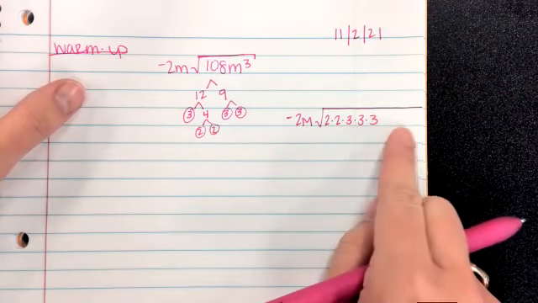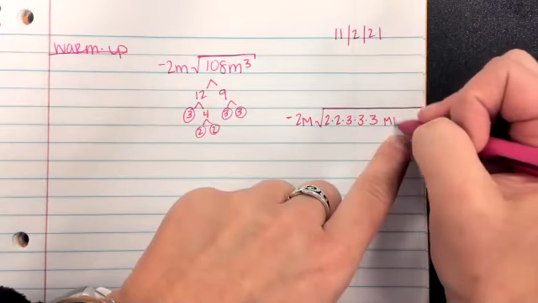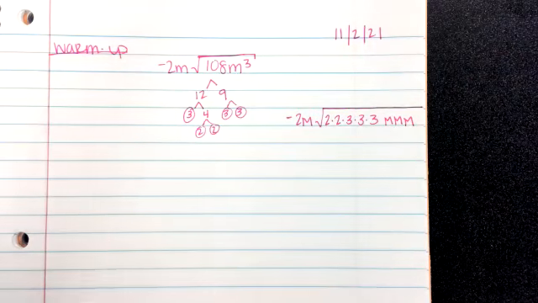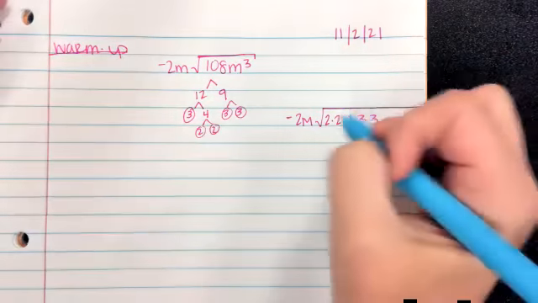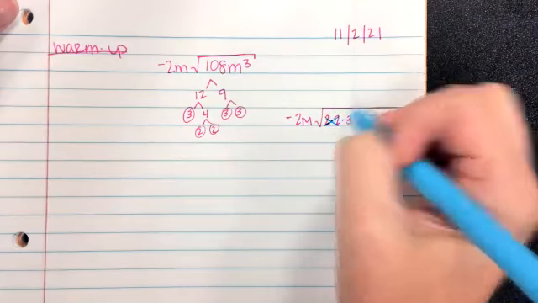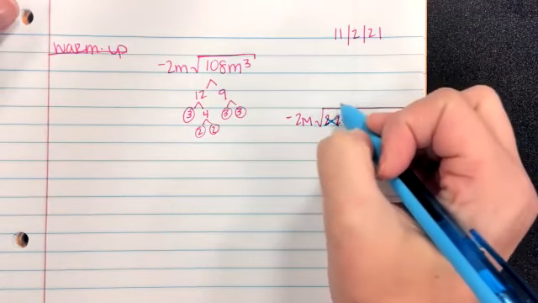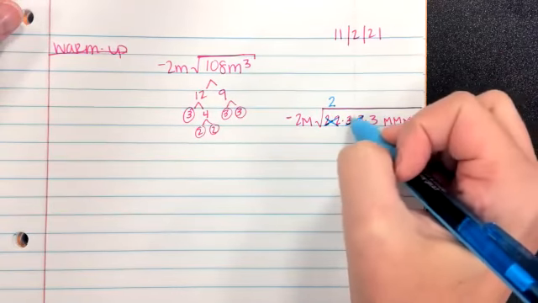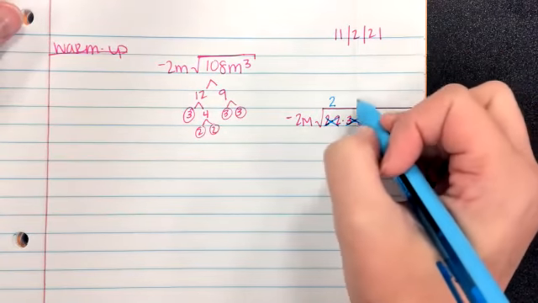What else is inside my radical? 3m's. So I'm going to write 3m's. And what am I looking for? Groups of 2. So I see 2 2's. And when I cross it out, what number goes on top? A 2. I see 2 3's.